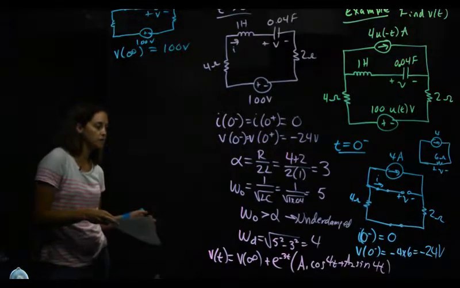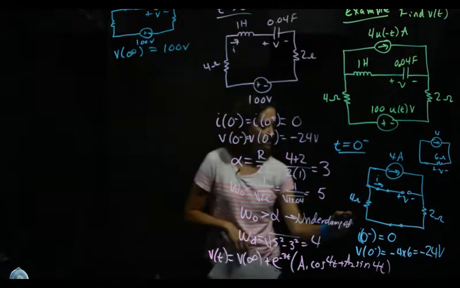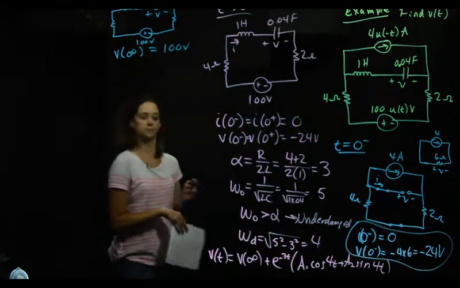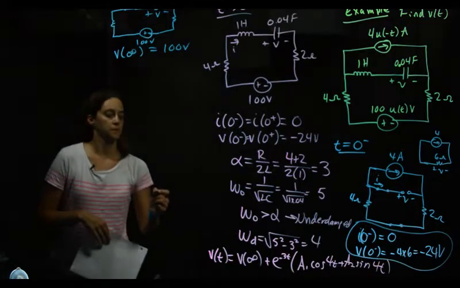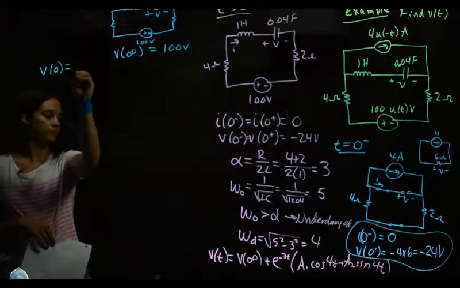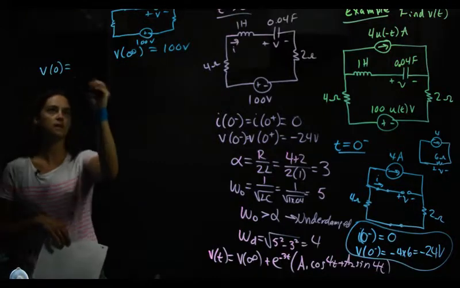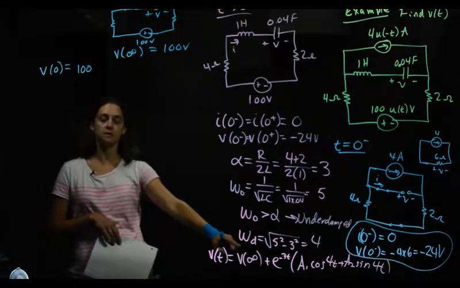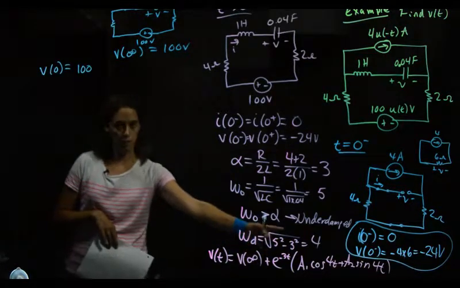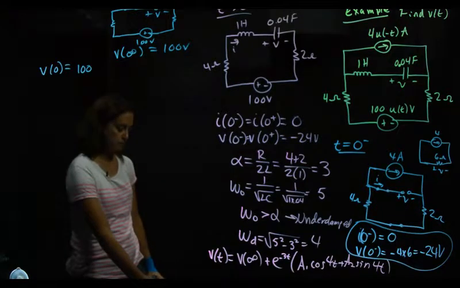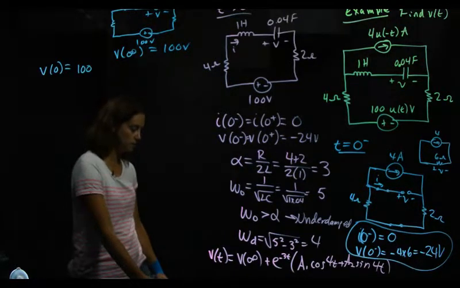And we have a few initial conditions already, right? We found these to start with. We don't have any dVs yet, but we have those. So let's use them. So v of 0 equals v infinity, 100, plus e to the 0, so 1. Cosine of 0 gives us 1.